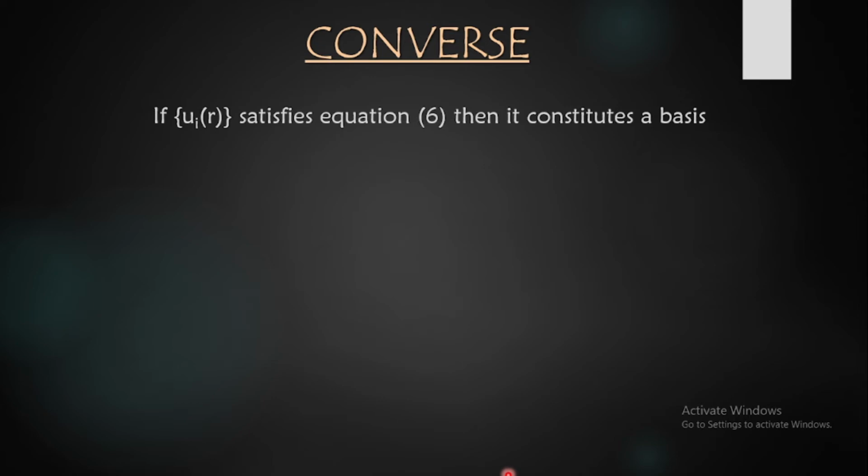If anything constitutes a basis, then it has to be an orthonormal set. Now we are just doing it in reverse order, that is by reciprocal. If an orthonormal set itself is taken, and then equation 6, that is the closure relation, is checked, and if it satisfies, then we can say that set ui of r acts as a basis.